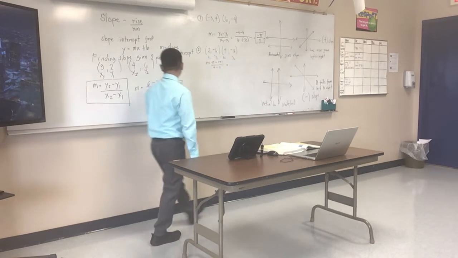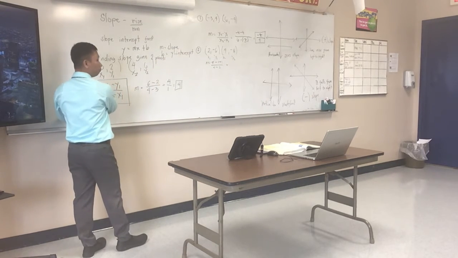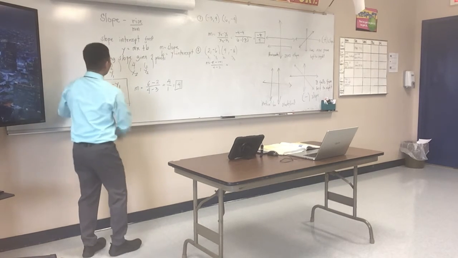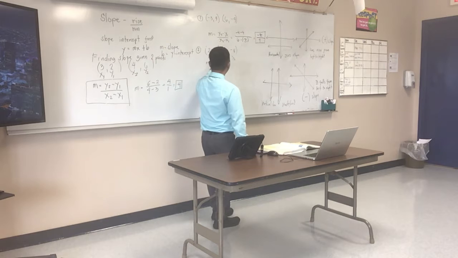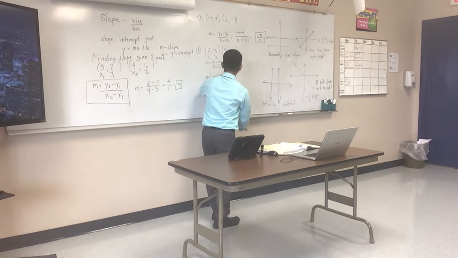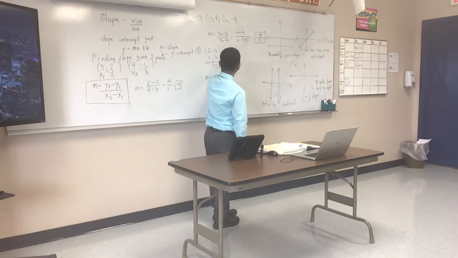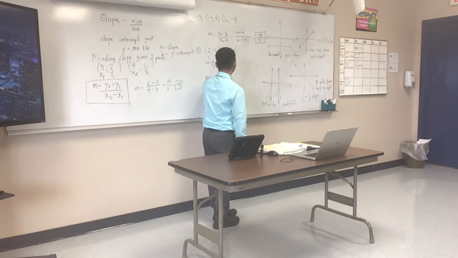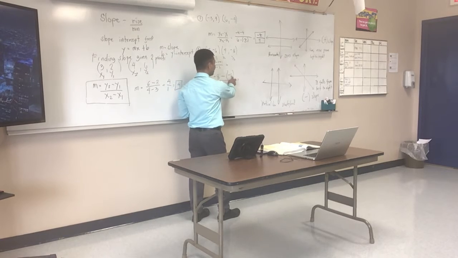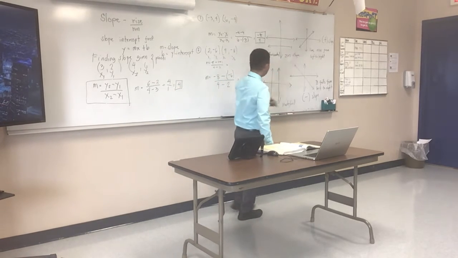So by just substituting in the formula, we have m. Again, m is our slope. So this would be -8 minus -6 over 4 minus 2. Isn't it that negative, minus a negative, becomes plus?